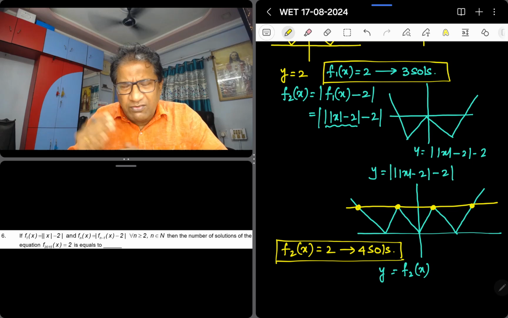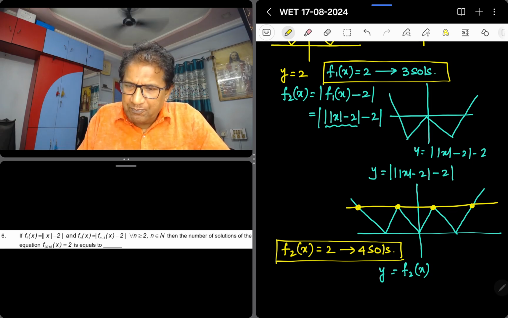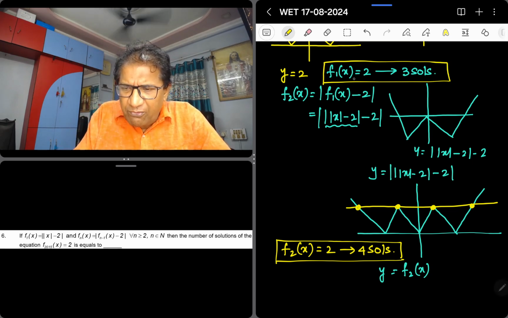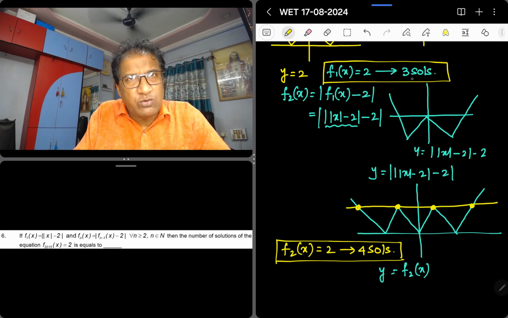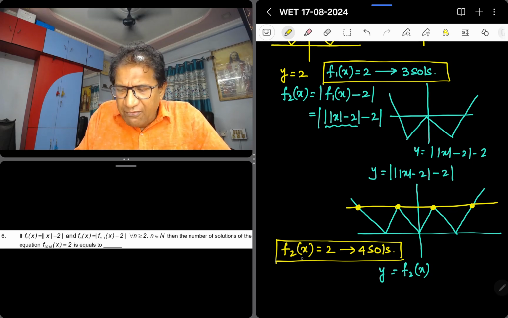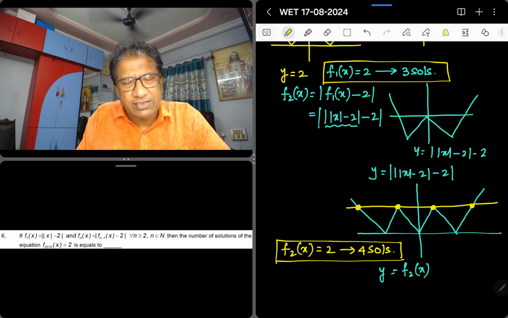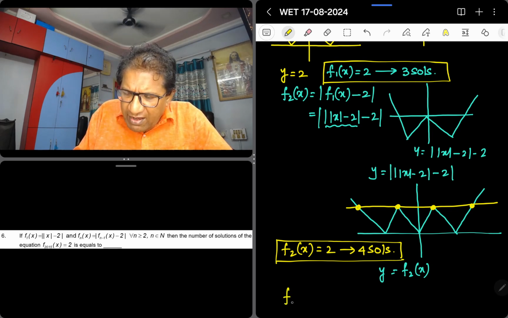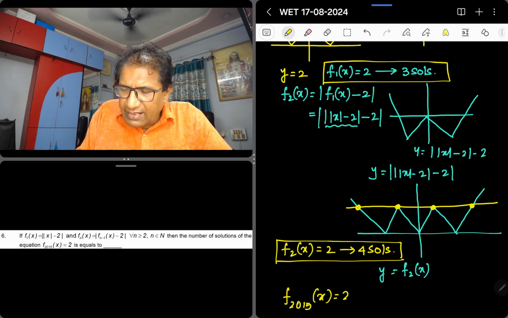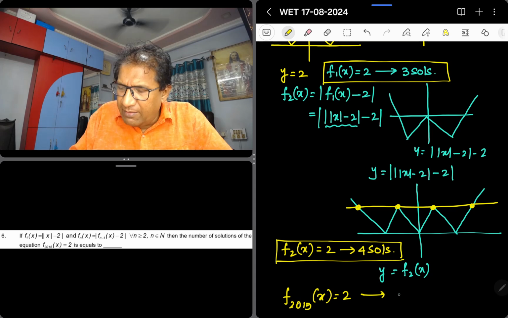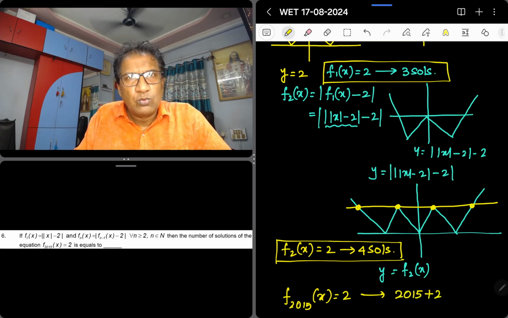Now, if you observe this pattern, you will find that when it is f1x, we are having 3 solutions. When it is f2x equals 2, we are having 4 solutions. So, whatever may be the suffix, the number of solutions will be the suffix plus 2.